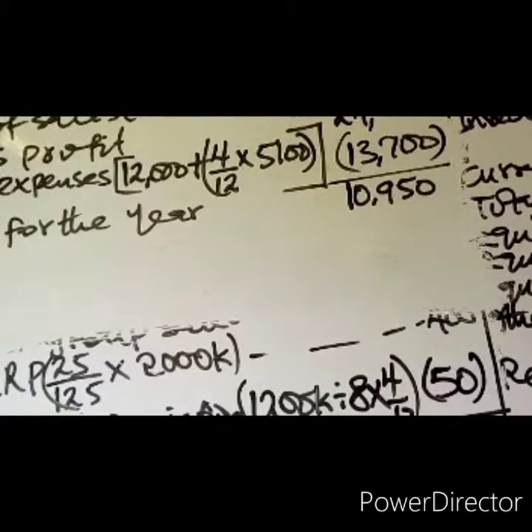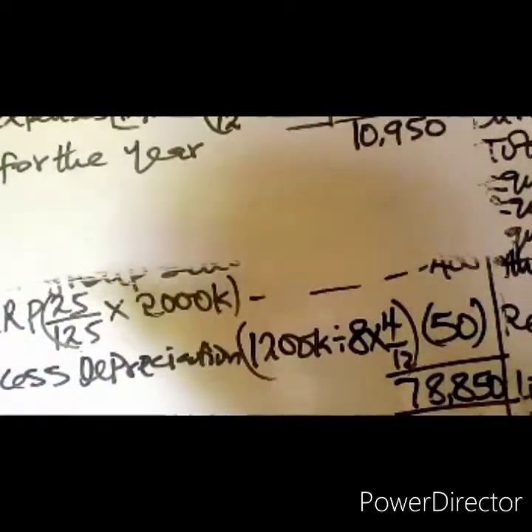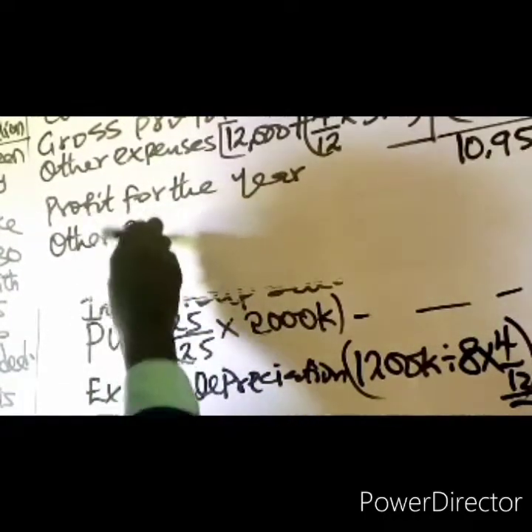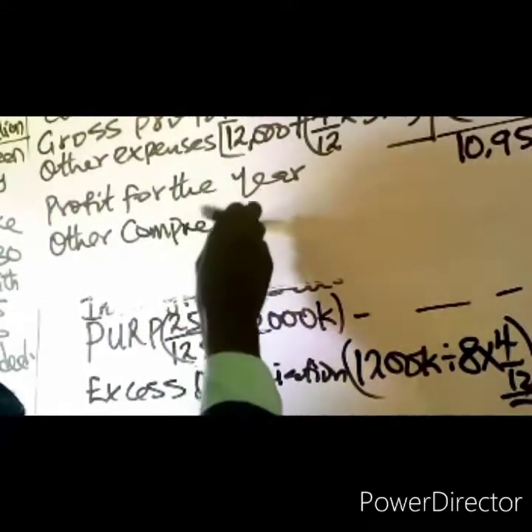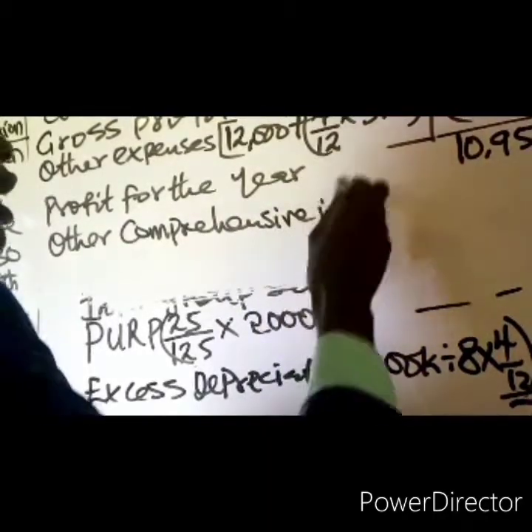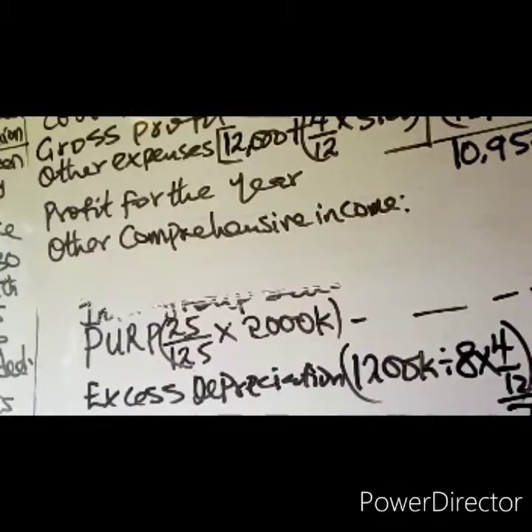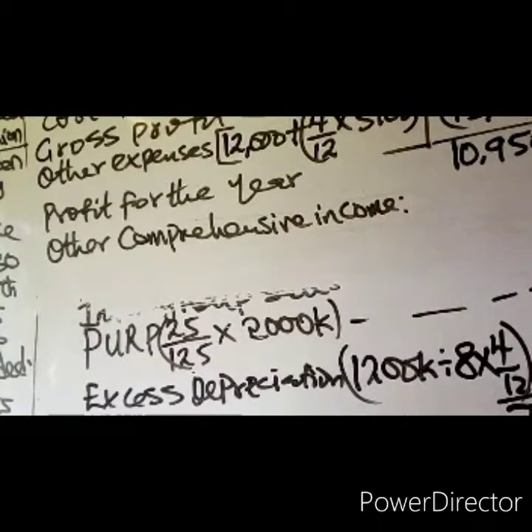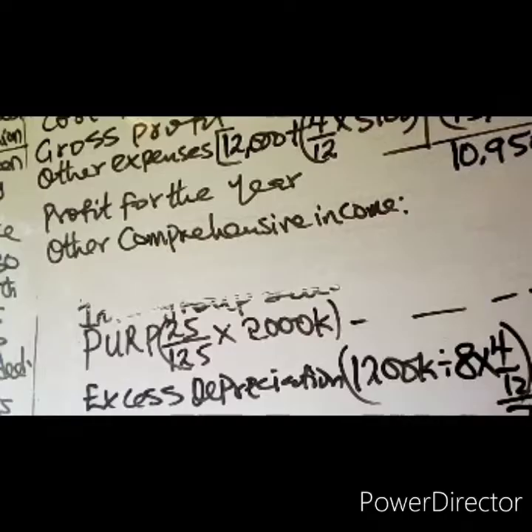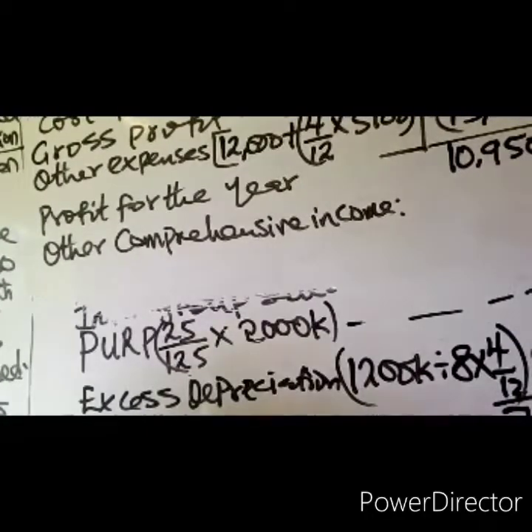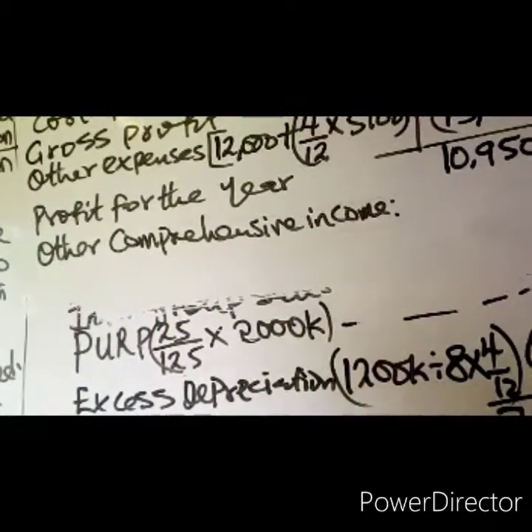10,950. After profit for the year, the next item is other comprehensive income. As part of our other comprehensive income, we have from note 4 the gain on property revaluation, gain on fair value of investment that is measured through other comprehensive income.